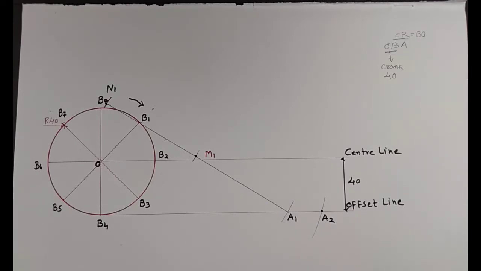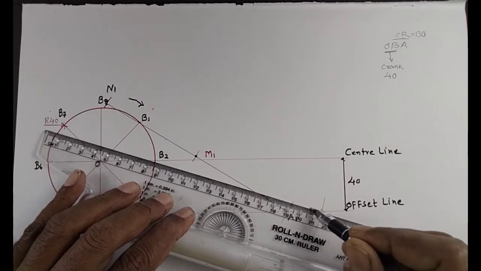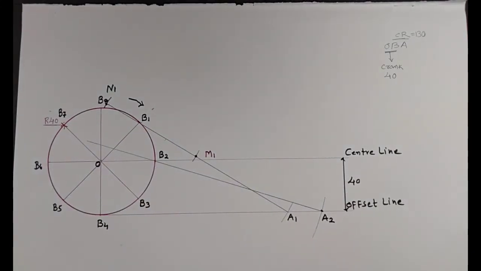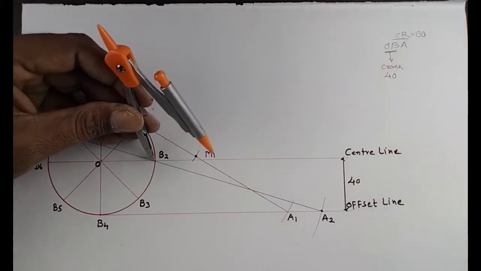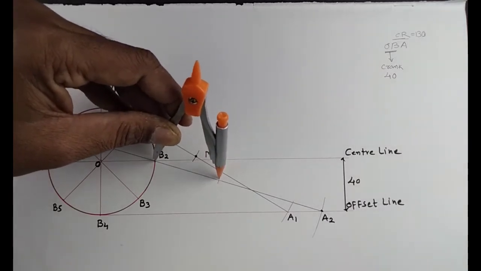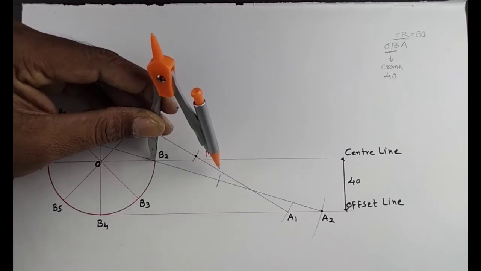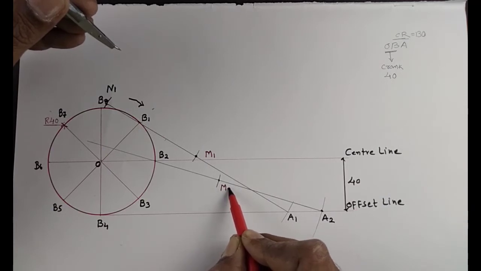So first I join B2 A2. On B2 A2 there is an M2 point. For M2, first we choose B2 as the center and draw the arc on the B2 A2 crank position, and it gives our M2 point.